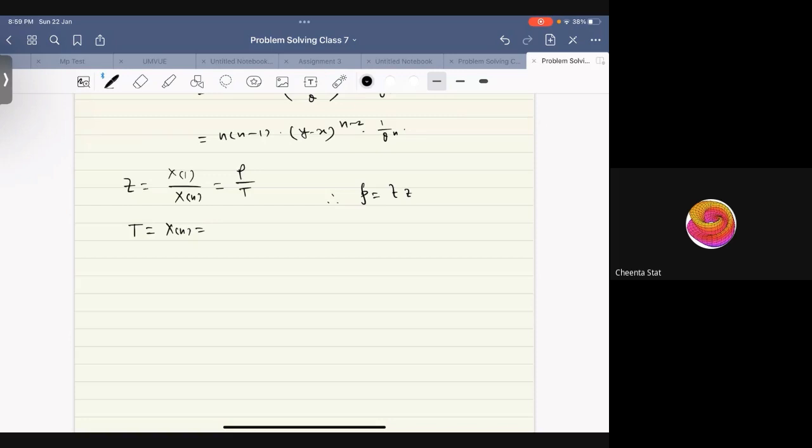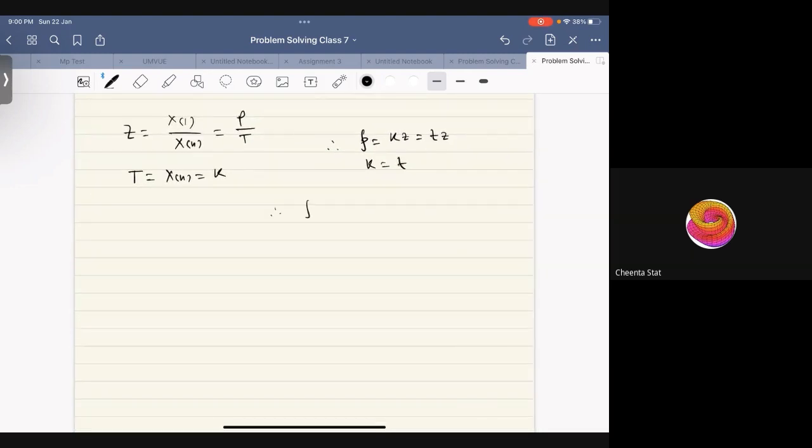I am giving the name k to X order n, so k is equal to t. So p means X order 1 and k is X order n. Oh wait, I am writing something wrong. This is kz, sorry. This is kz and then k is t, so it is tz, right?